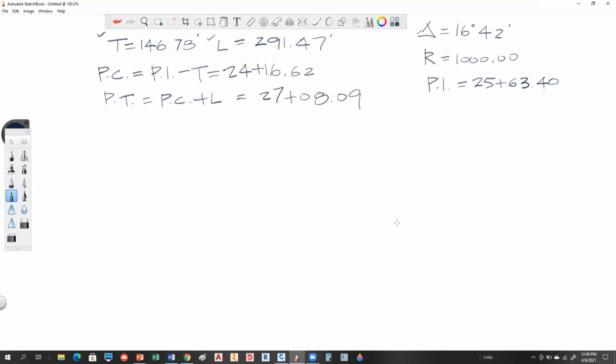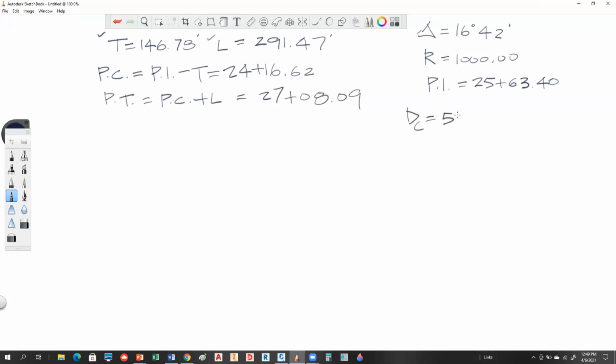Now the other thing we're going to need to know for this curve is the degree of curve. Degree of curve is 5729.578 divided by the radius. 5729.578 divided by 1,000 feet. And that'll give me a decimal degree.